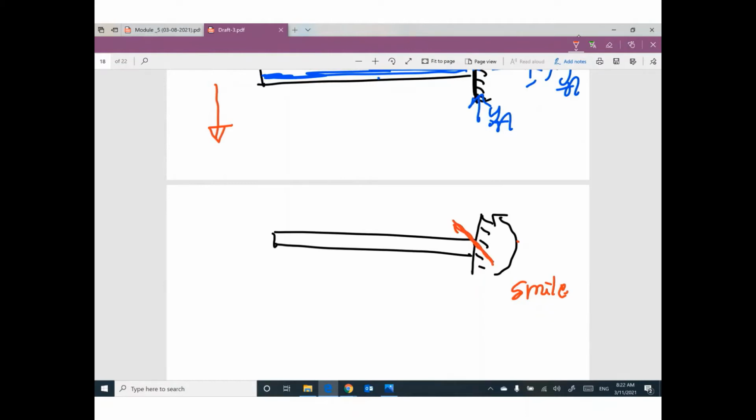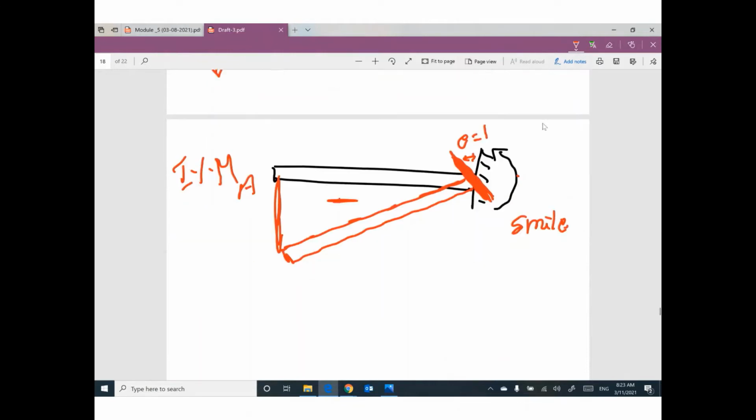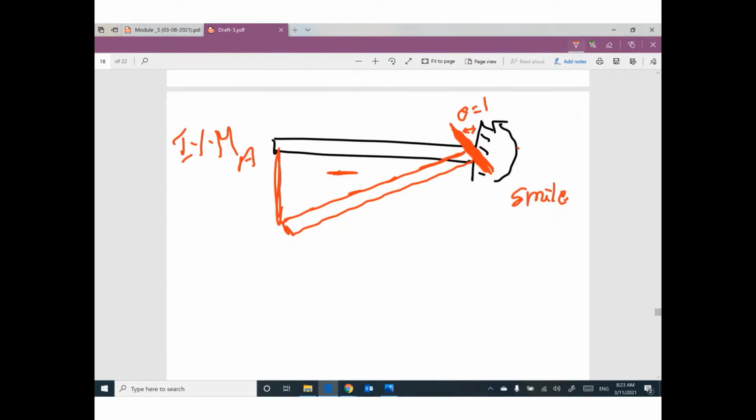If you rotate this fixed like this by angle theta equal 1, the new shape of this beam will be like this. So we will have a triangle with negative sign. This is called influence line for M at A. One more time.